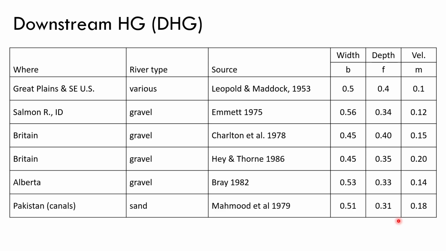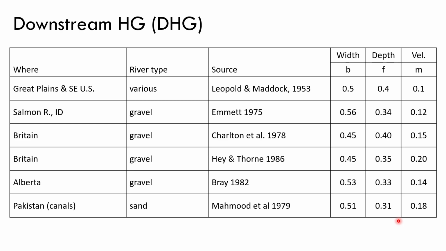So we could take a random cross section on the Cedar River, and if we knew what the hydraulic geometry relationship should be, we can measure discharge and we can predict, with a certain amount of accuracy, what the width and depth for that cross section should be.